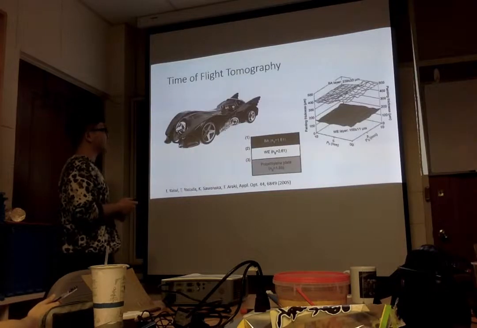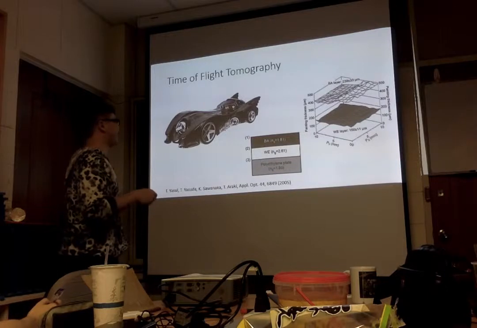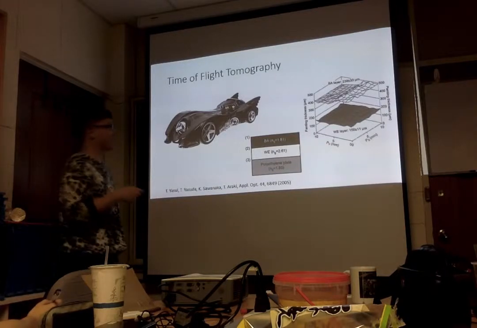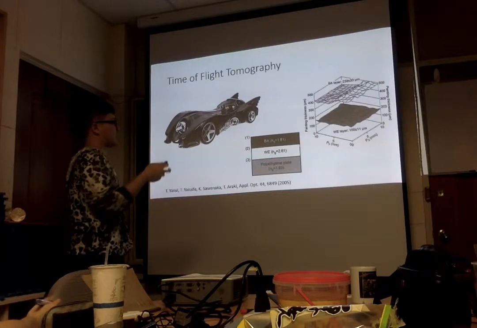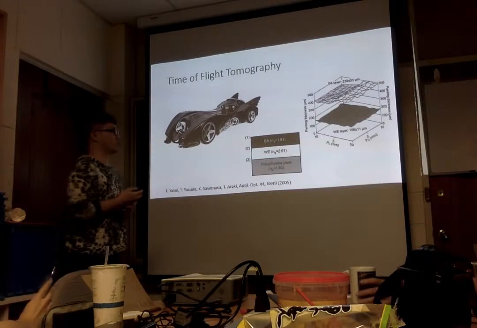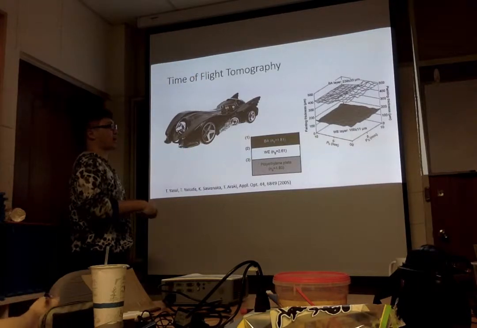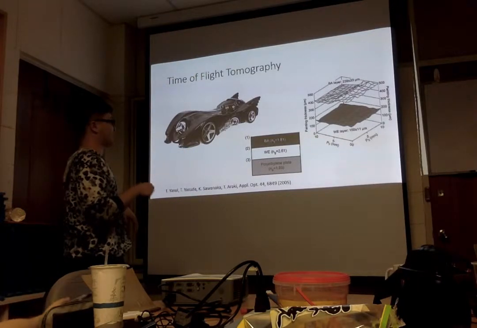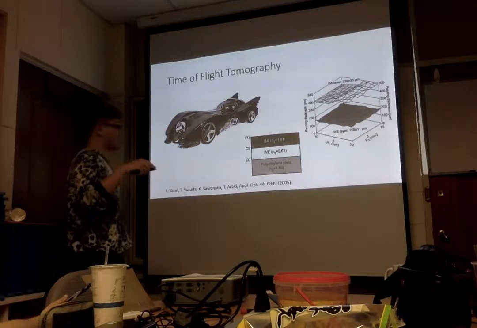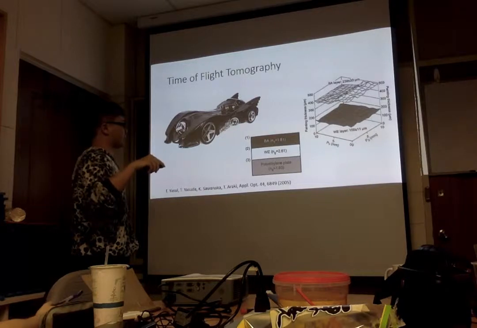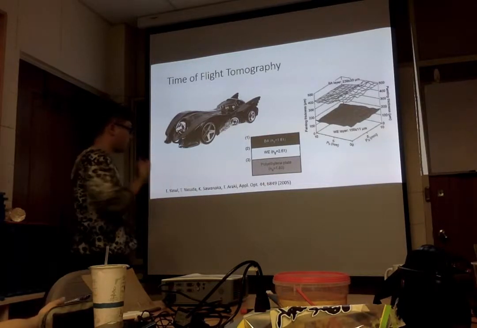Another sample is this car. It's a Batman car. Before this system, it was difficult to calculate the distance between the layers, but with this technology, we can easily know the distance between the layers, like a BA layer, a W layer, and a polarized plate.